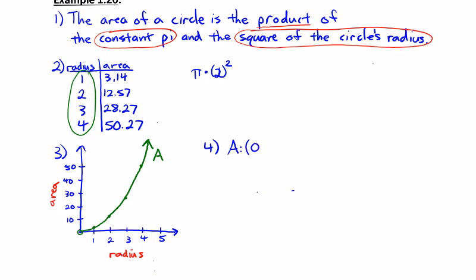So that would be the interval 0 to infinity. And these are going to be the values that map to real numbers. And this is going to be given by the equation A of r equals pi r squared. And that gives you the 4 representations for this area calculating function.